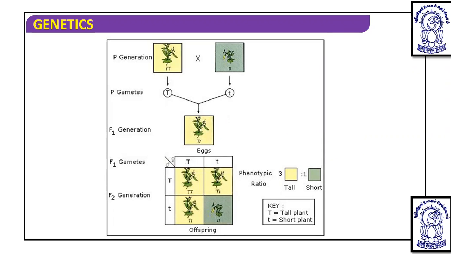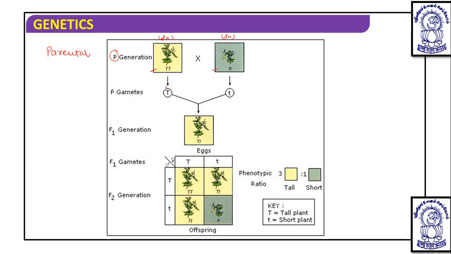So what did he do during the cross? See, here you can understand properly. This is the P generation, meaning parental generation. Here one parent is homozygous tall, capital T capital T, and the other is the dwarf plant, homozygous dwarf, small t small t. These are both diploid individuals, so we write capital T capital T and small t small t.